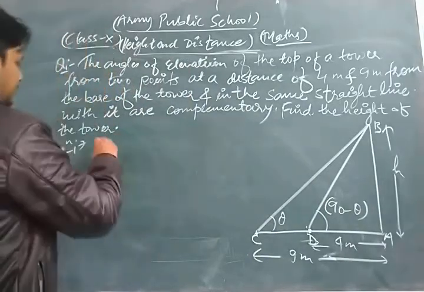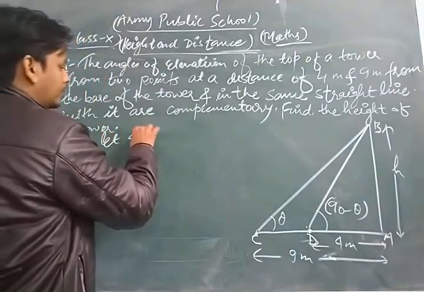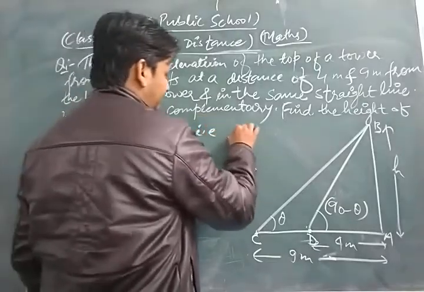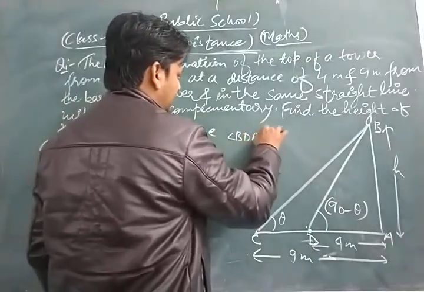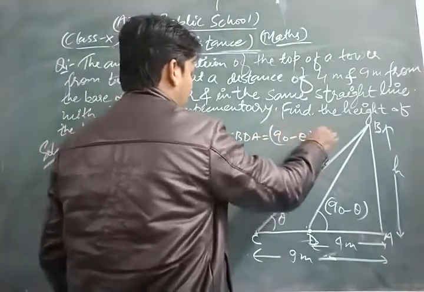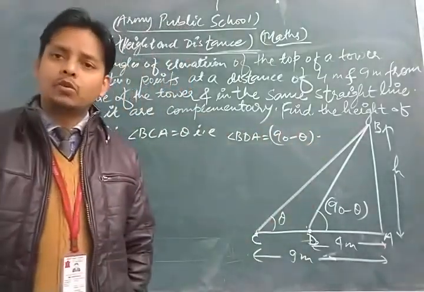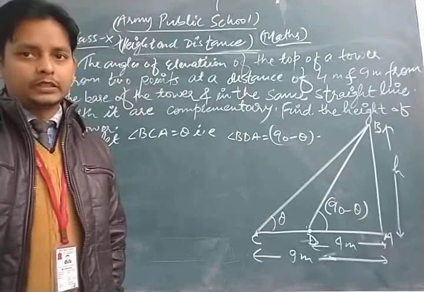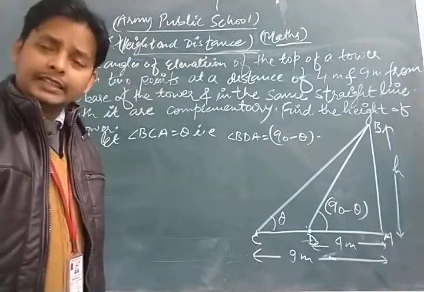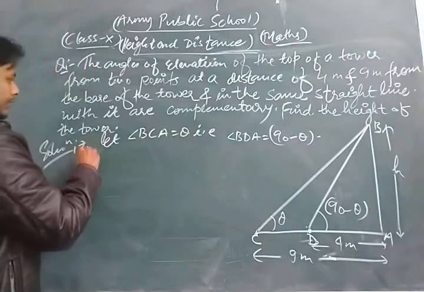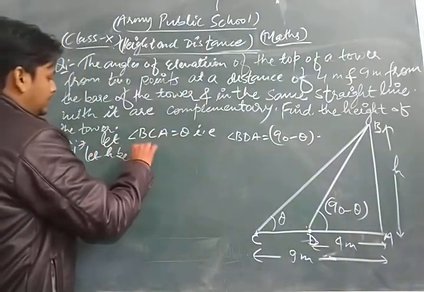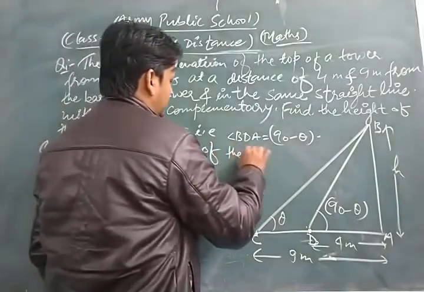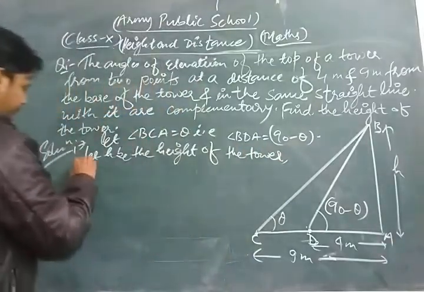So let angle BCA be equal to theta, and angle BDA is equal to 90 minus theta, because these are complementary to each other. Okay, dear friends. Now, let H be the height of the tower.